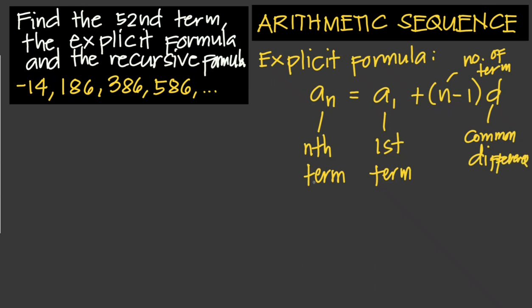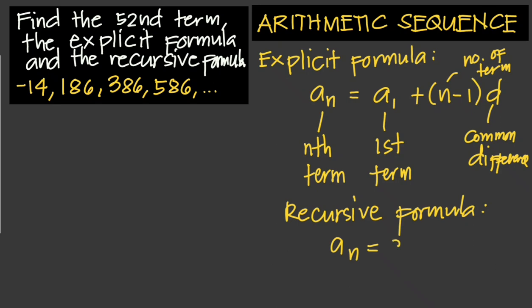And then our recursive formula can be written as a sub n equals a sub n minus 1 plus d. Again, our a sub n here is the nth term.